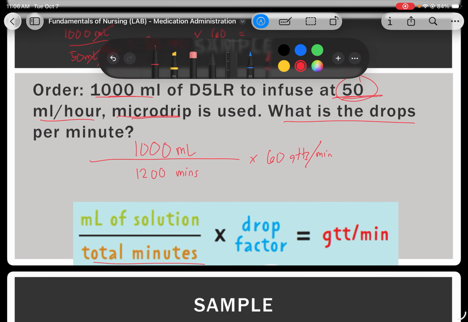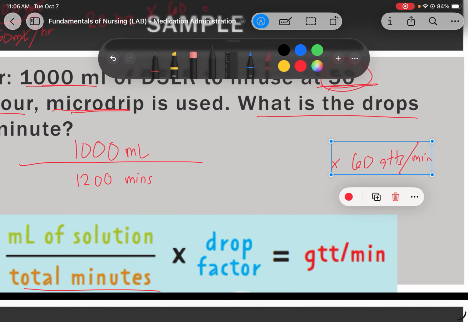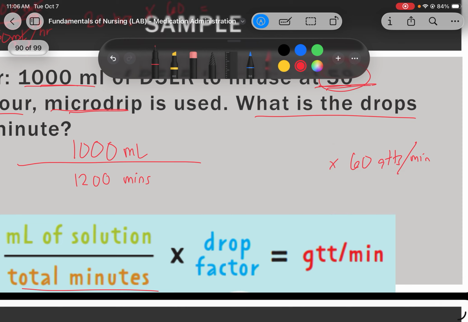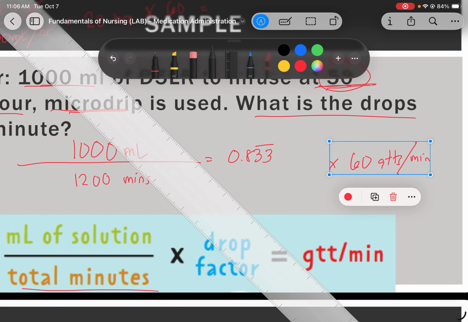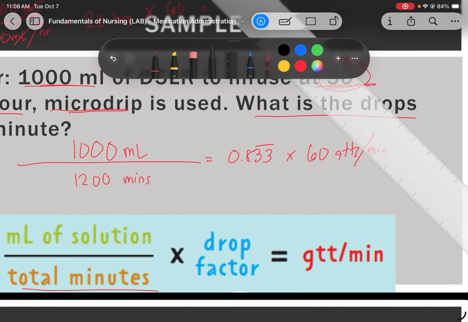So 1,000 divided by 1,200 is equals to 0.833. Do not round it off yet.